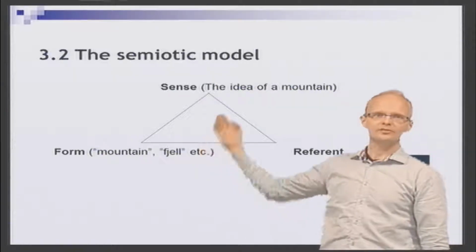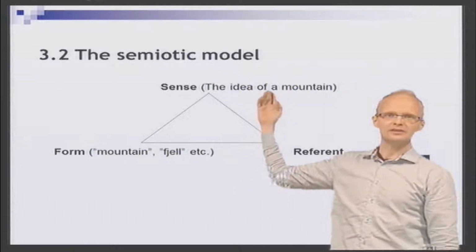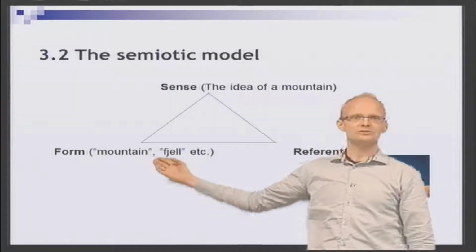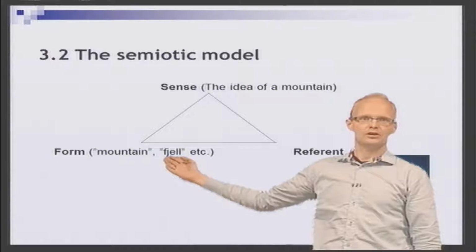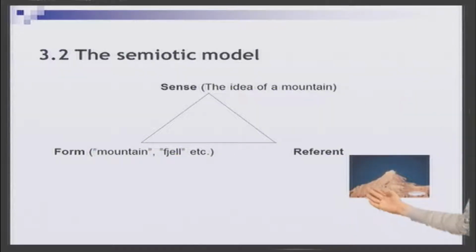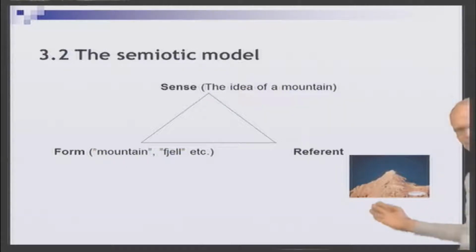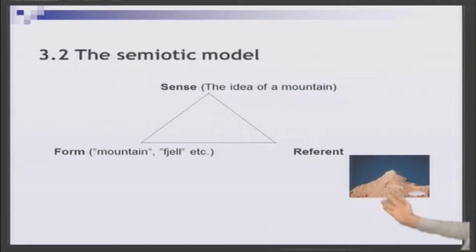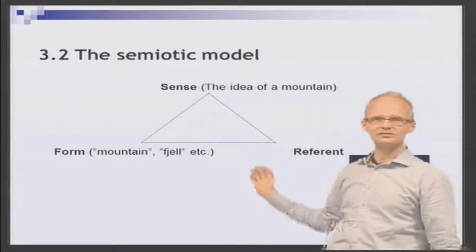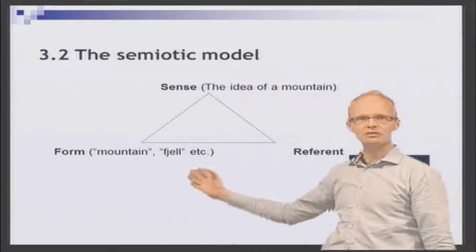So this means that the idea of the mountain that we have in our minds has different realizations in different languages. And they may refer to different things in the real world. I don't remember if this is Mount Everest. I think it may be so, but it doesn't really matter. But it goes to show that we have different ideas in our minds and that they have different realizations in the language and in the real world.